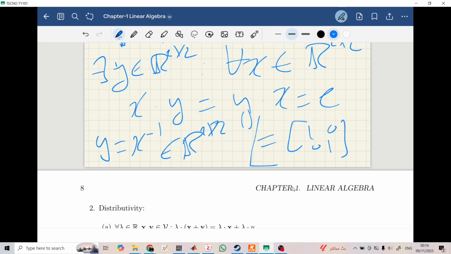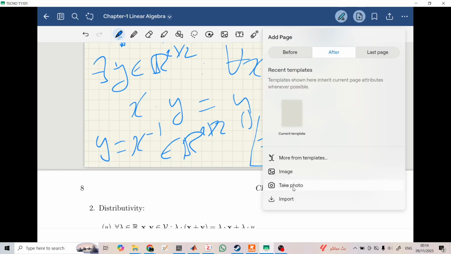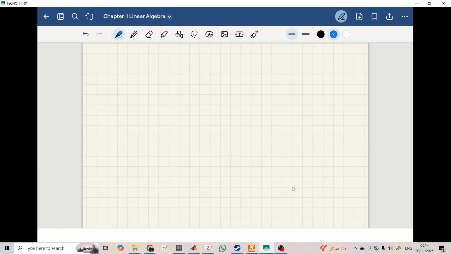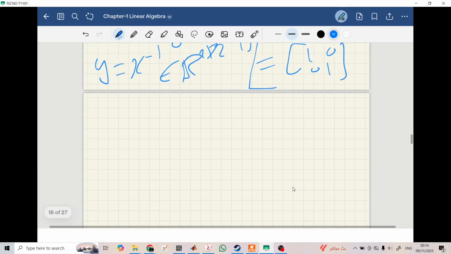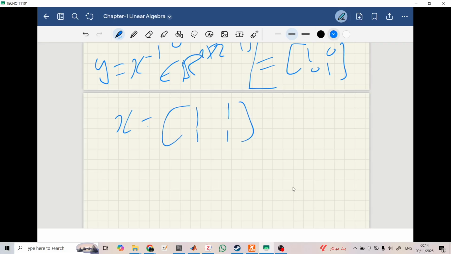Now be aware that not all square matrices have an inverse. Not all square matrices have an inverse. For example, if x equals 1 1 1 1, this does not have an inverse. Why?